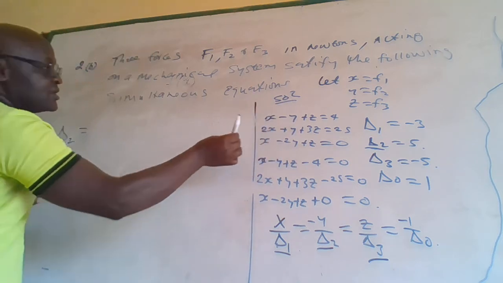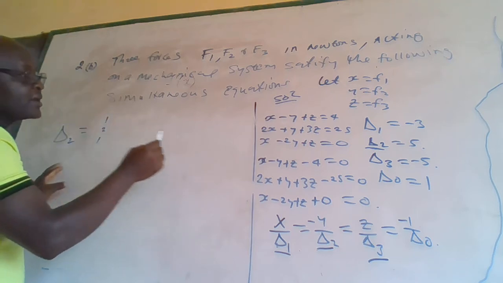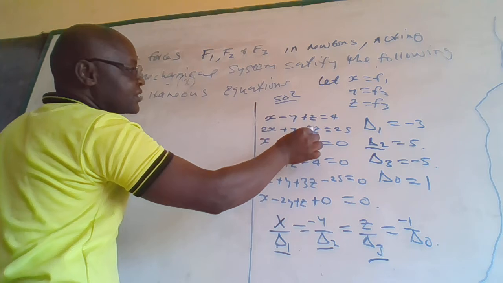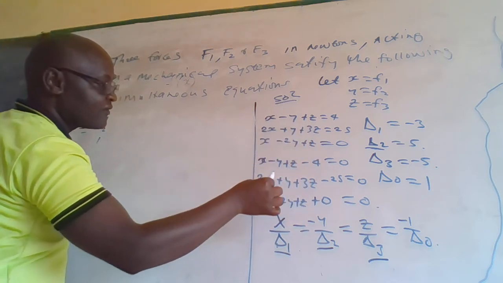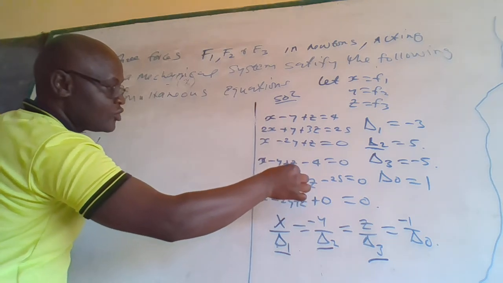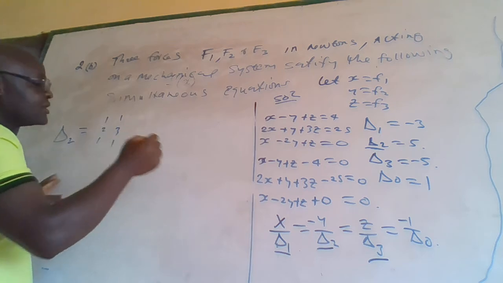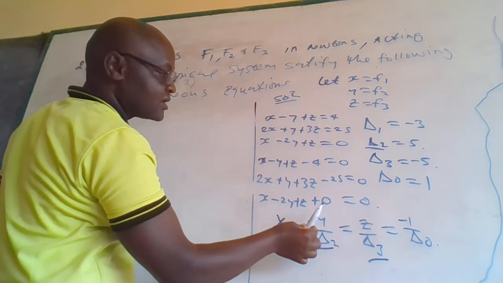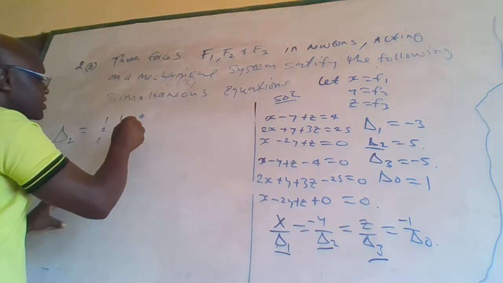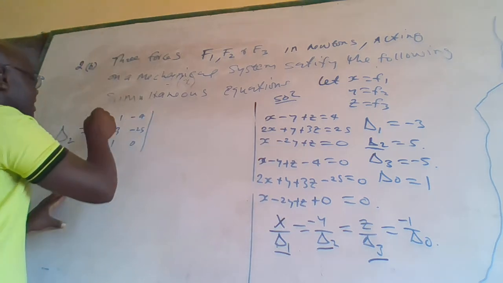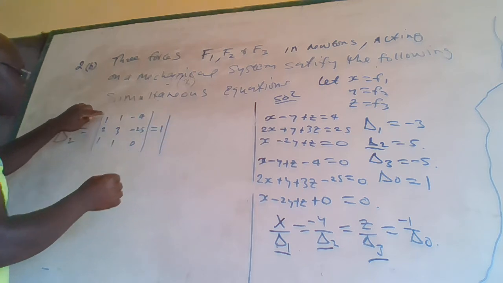So we write 1, 2, 1, and then 1, 3, 1, and then the constant terms: negative 4, negative 25, then 0. So for us to expand the determinant, we have that.